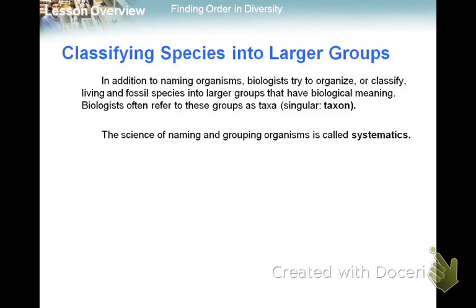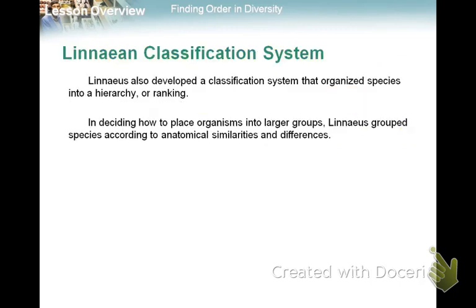This grouping is called systematics, also called taxonomy, because the different groups that have biological meaning, those groupings, are called taxa. Singular is taxon. Linnaeus had a classification system that organized species into a hierarchy or a ranking.